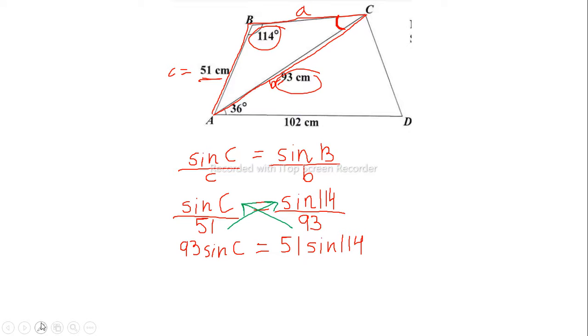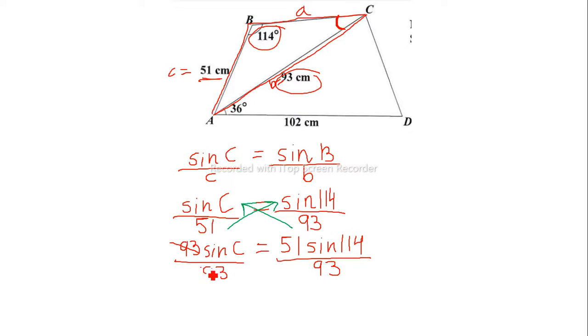And so what we're going to do here is divide both sides by 93. And the reason why we're doing that is because we want to figure out what C is, and we want everything else on one side, and we want C to be as isolated as possible. So we have to get rid of the 93 that's on this side.